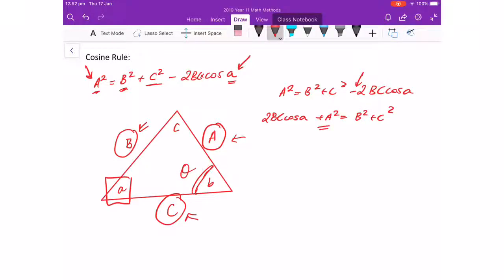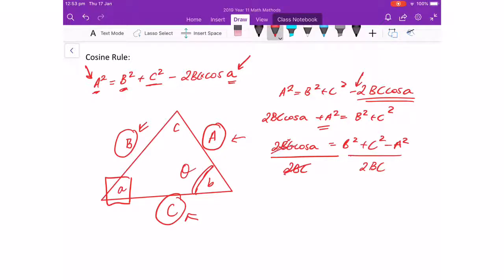I'm going to get rid of this a squared here, so I'm going to move it to the other side. So 2bc cosine A is equal to b squared plus c squared, take a squared. The next thing I'm going to do is divide, because again, these are all multiplied since they are next to each other. I'm going to divide by 2bc so I can get cosine A on its own.